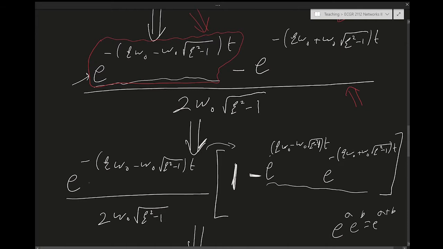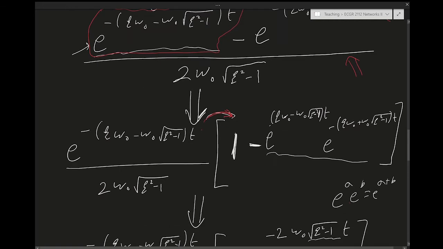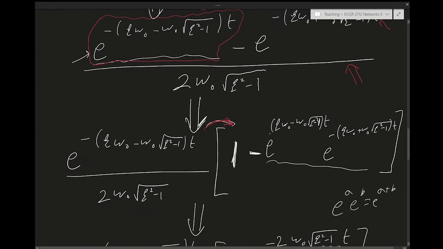So think about it: if you bring this back into the bracket, you end up with the same expression. You use the property that e^(a+b) equals e^a times e^b. So those two cancel each other, and we end up with e^0, which equals 1, and then we have the original term. So this expression has this form.